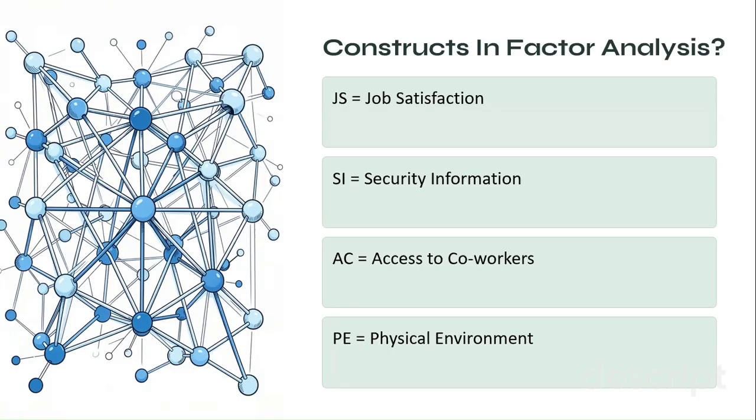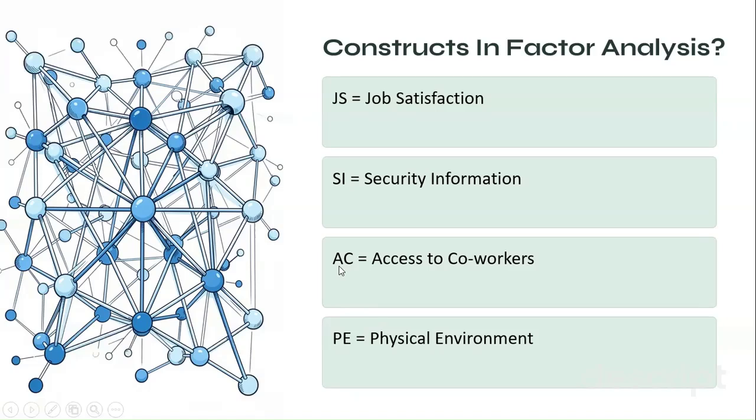Job satisfaction is a latent construct represented by four observed variables, JS1 to JS4, with each variable measured using a 7-point rating scale. Next symbol is SI, which means security information. Security information is indicated by four items, each rated on a 5-point scale.